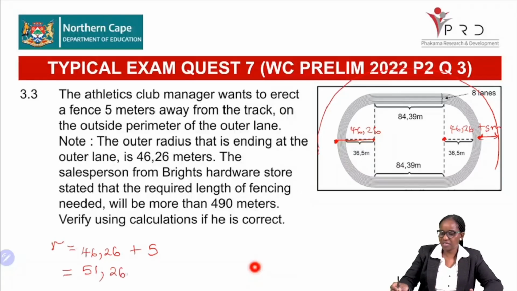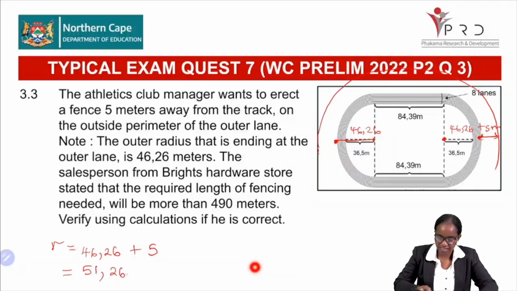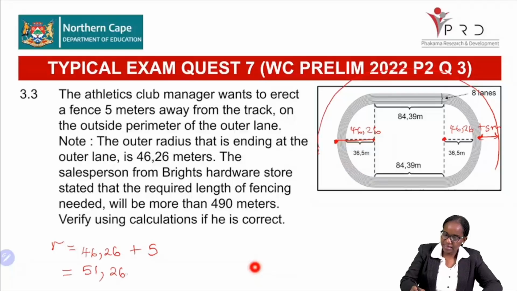Now this will be the radius for the fence that will go around the track. And the rectangular side will remain as the rectangular side. The dimension won't change because it's still from the same point to the same point. What has changed is the circumference.